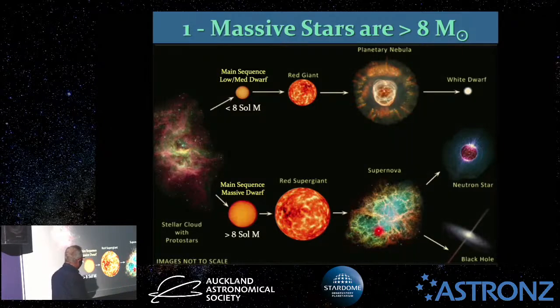They all go boof into a big supernova explosion. If they're between 8 and 20 solar masses or thereabouts, they usually end up as a neutron star for their stellar corpse, or greater than 20 solar masses, a black hole. That puts it in perspective, what we mean by massive stars and how you tend to split the two up and where we're heading with it.